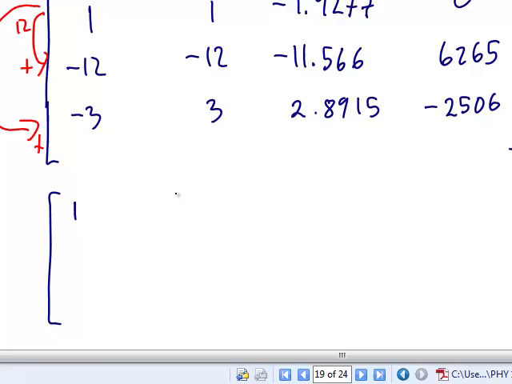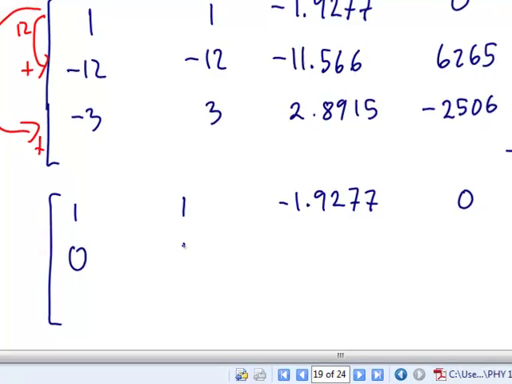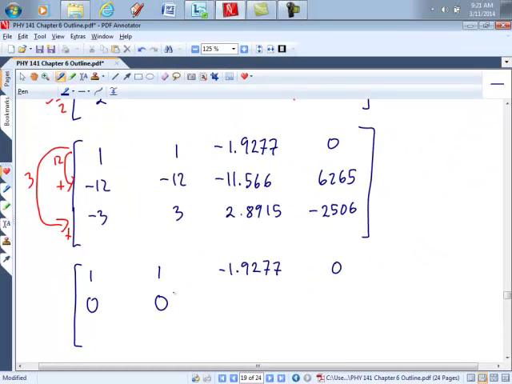This is good practice. Zero, 0, negative 22.296.